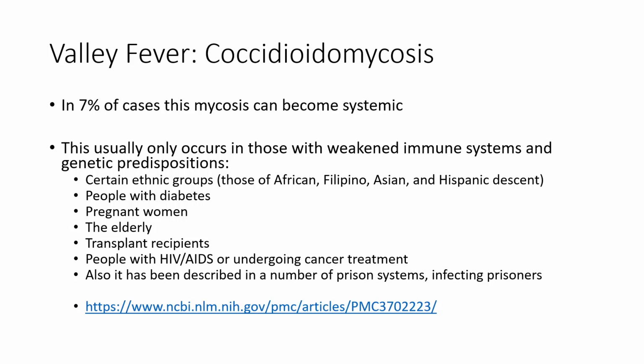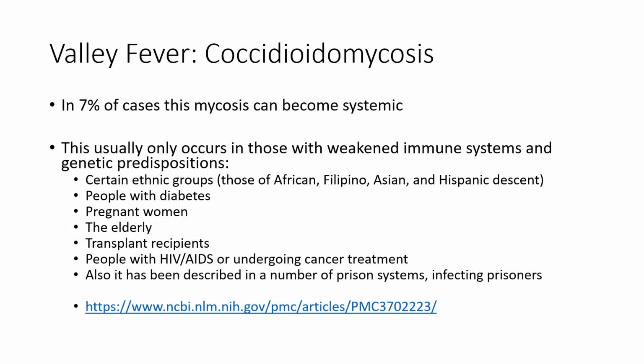Your book says that certain ethnic groups can be affected. They didn't really get into detail with that, so I found this paper by Brown et al. in the Journal of Clinical Epidemiology. I've posted a link, so feel free to look at that if you so wish.